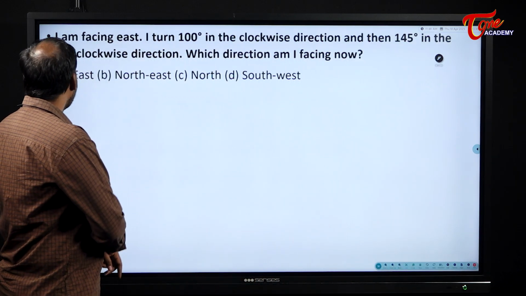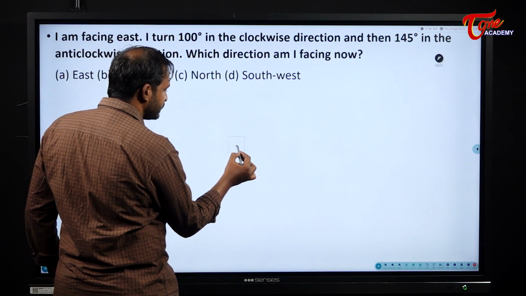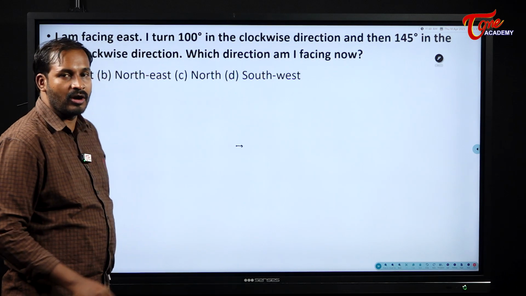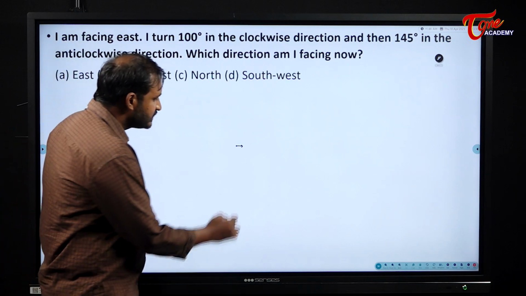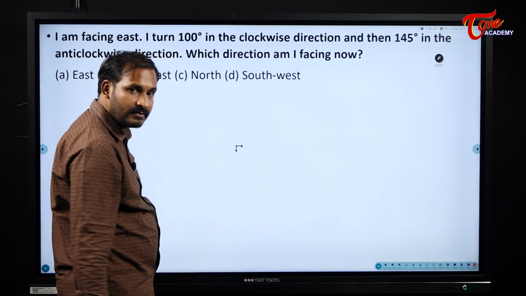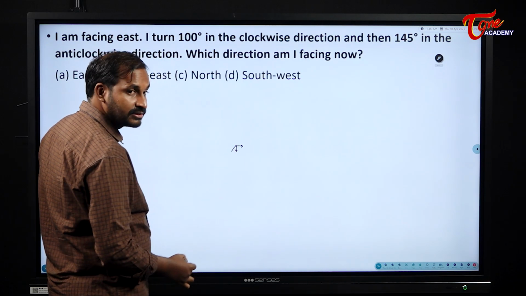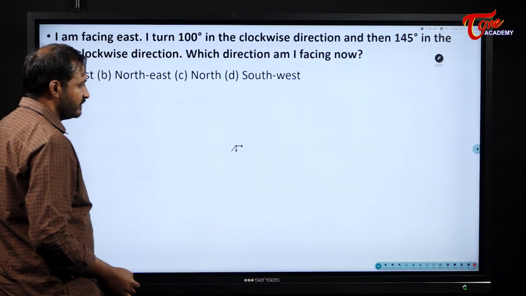Next, I am facing east. That means this direction. I turn 110 degrees in clockwise. Clockwise means downward direction, right? In this direction, 90 degrees means I will come to this position, and from here 20 more degrees. Then 145 degrees in anti-clockwise direction.